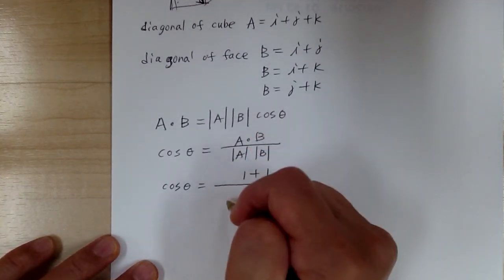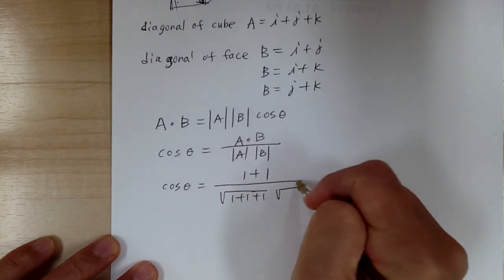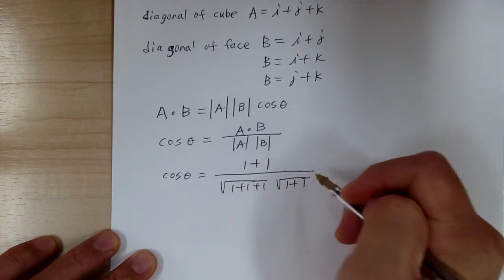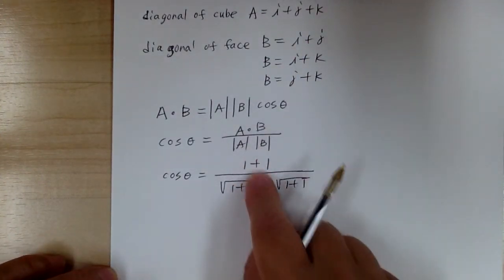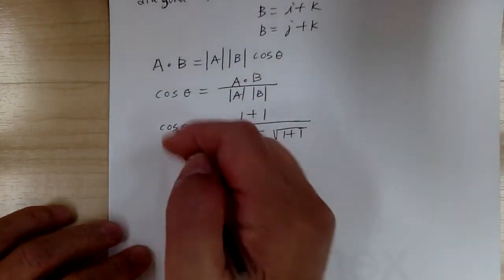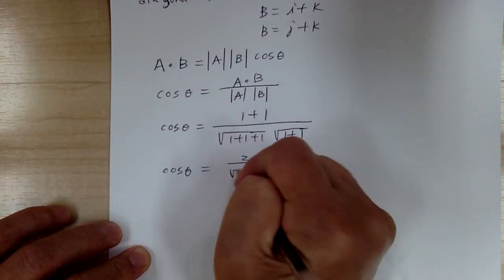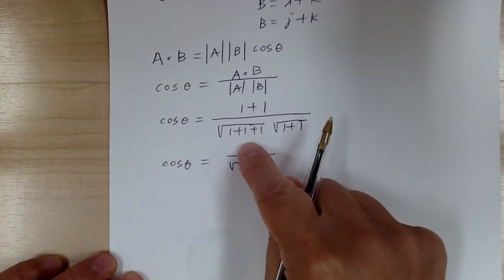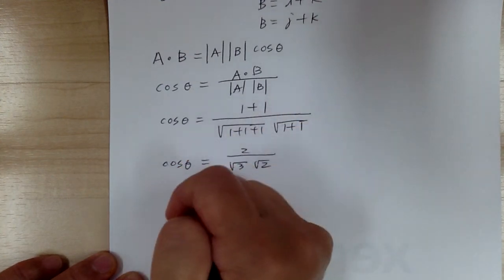And the length of A would be square root of 1 plus 1 plus 1. And the length of B, again, doesn't matter which one you choose, you're going to get 1 plus 1. So again, doesn't matter which you choose for B, you're going to end up with the same result. And cosine theta, so you can work it out. So you got 2 over square root of 3, square root of 2. Now, this part over here, 2 over square root of 2, that's equal to square root of 2.